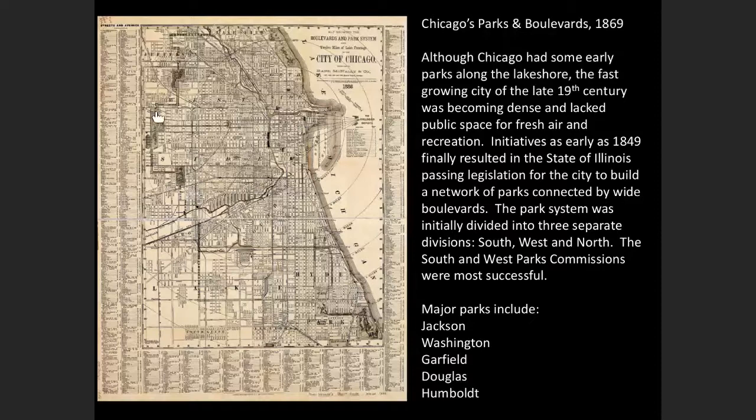Here's Garfield Park on the center left. Douglas Park is below that, and Humboldt Park is right up in this area. It's a little hard to tell on this map, but you can see that some of them are connected with these green slices that link to them. And that's the boulevard system that was created.